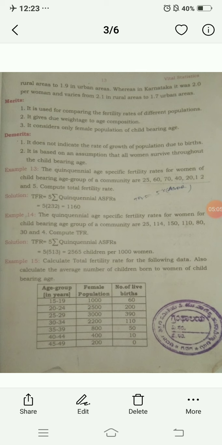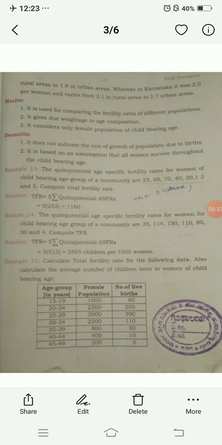The third problem: calculate the total fertility rate for the following data. Also calculate the average number of children born to women of childbearing age. The women of childbearing age are 15 to 49, and you need to find the total fertility rate. You know the formula.